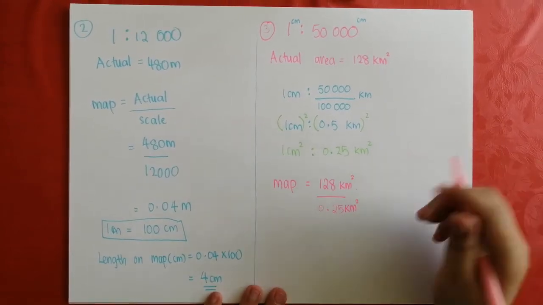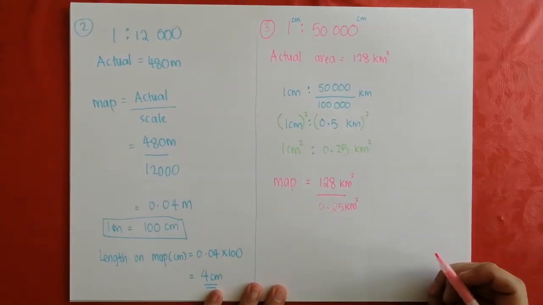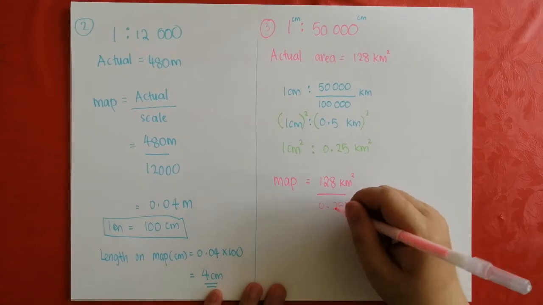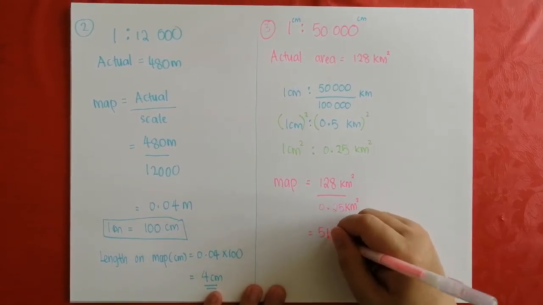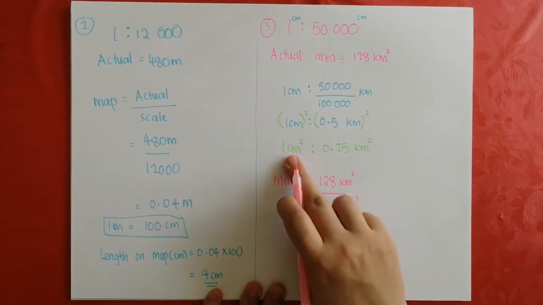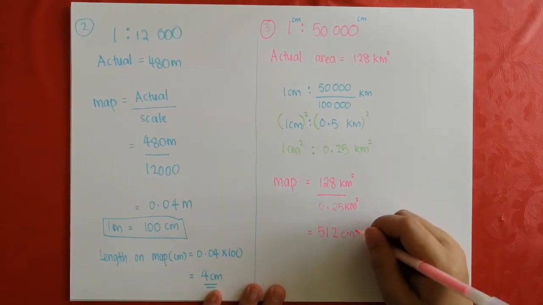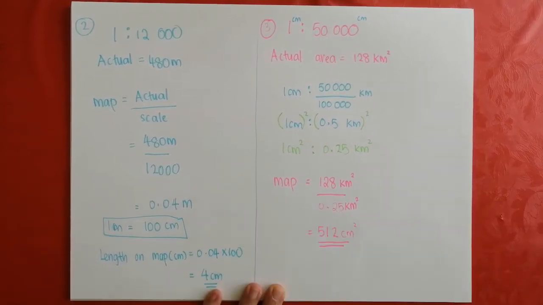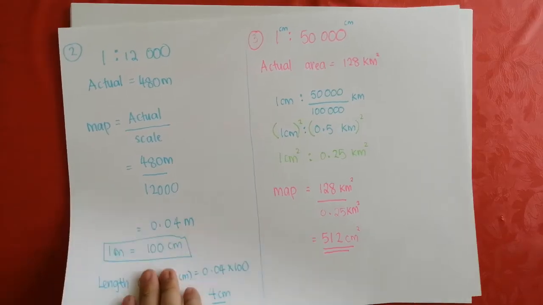Simplify that, 128 divided by 0.25 will give you 512. Since this is on the map, our map area has the unit of square centimeter. So the final answer is 512 square centimeter.